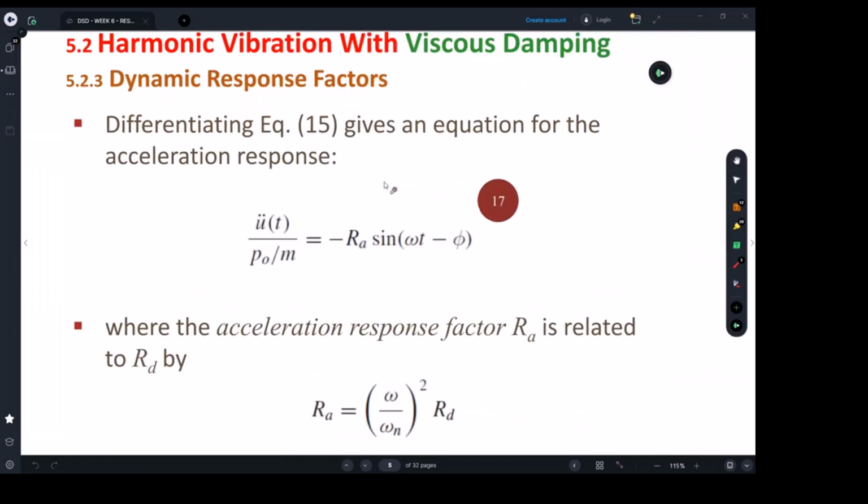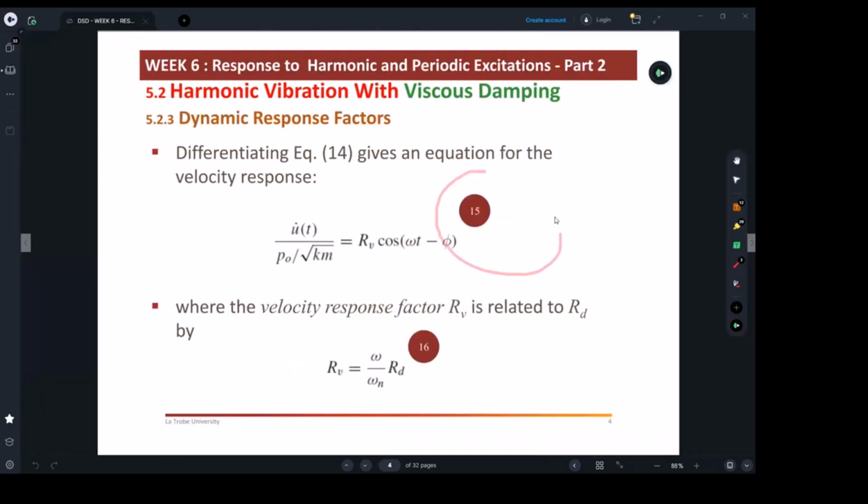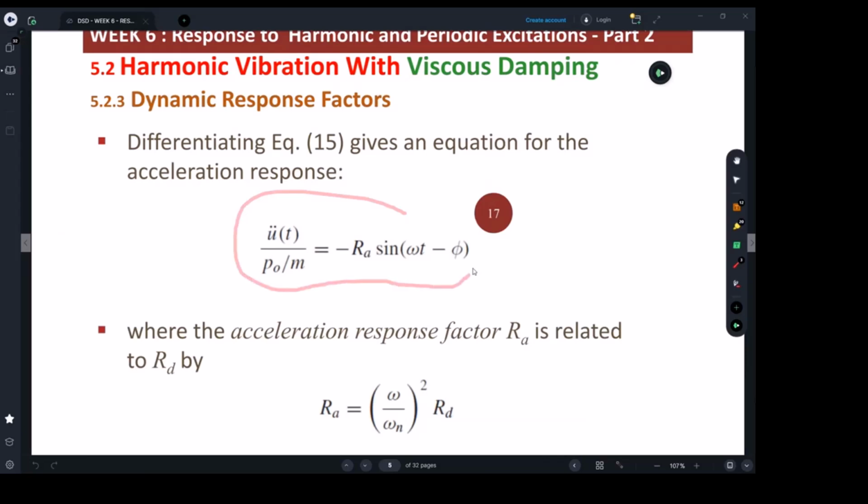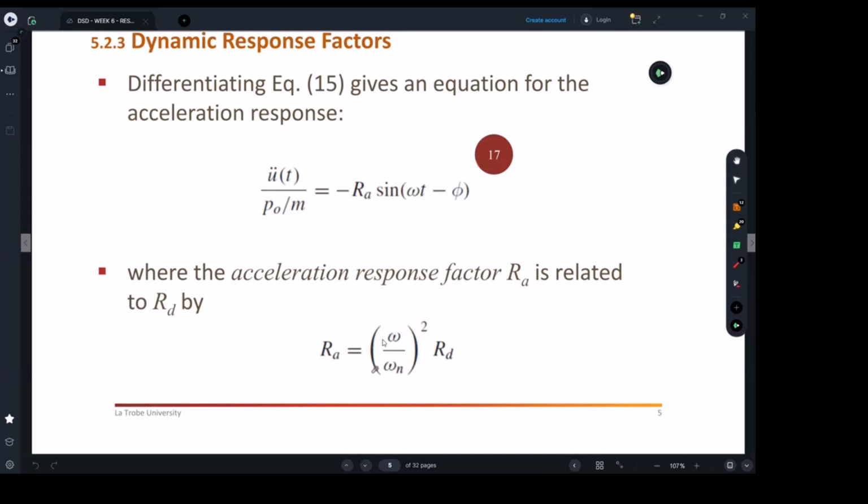So then further differentiating equation number 15, it will simply give you this adjusted formula, number 17. And again, we will be able to determine the RA relationship with RD. So there is a mathematical relationship between RA and RD.